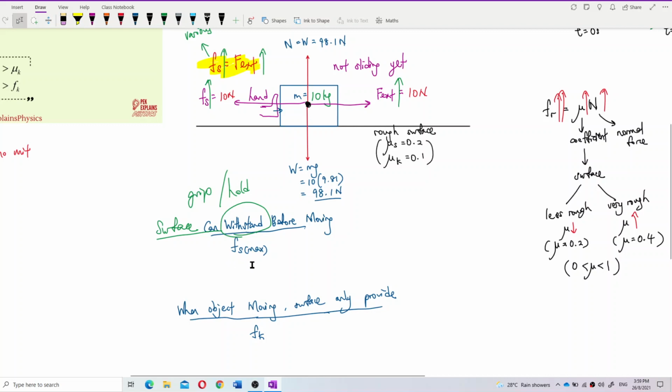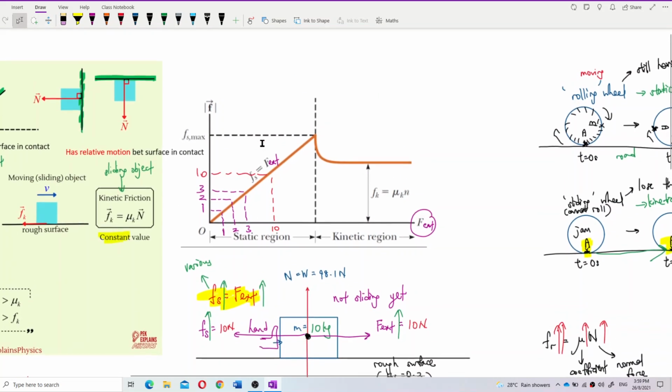So how to calculate this maximum static friction? The formula is mu S times n. This is the maximum value before the crate starts moving. So it has a maximum value.